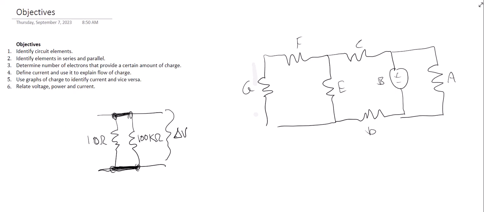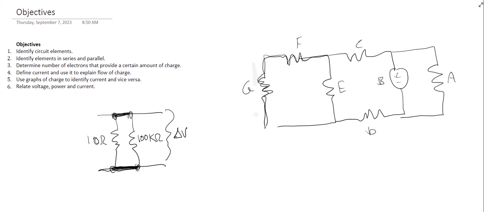So looking at this circuit over here, let's see if we can identify anything that's in series. Do you see anything in series? And so what we want to do is look and imagine that we're a happy little current going along. Are there two things that if I go through one, I have to go through the other? I don't have a choice.